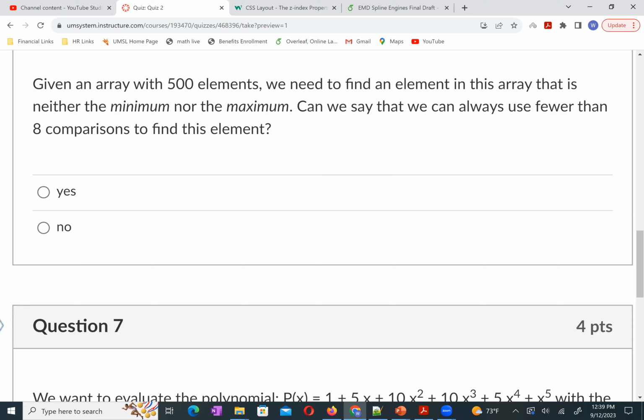Do you think I can do a little better? I reduce the problem size by 2 elements. Then I need to find one of the elements that is not a maximum, not a minimum.